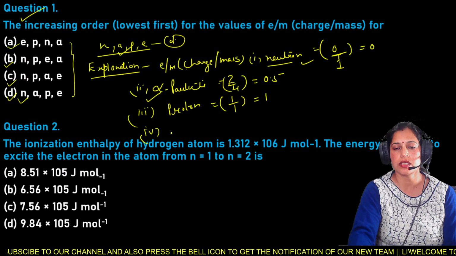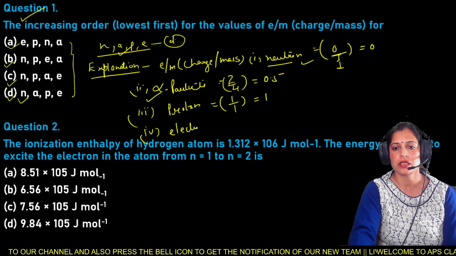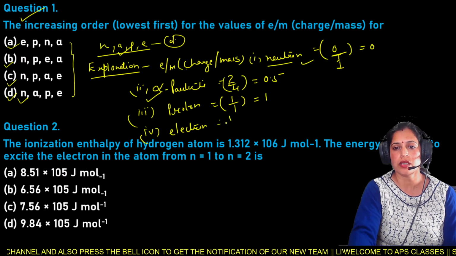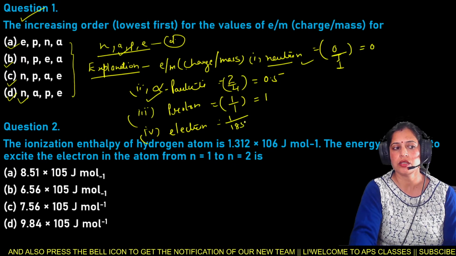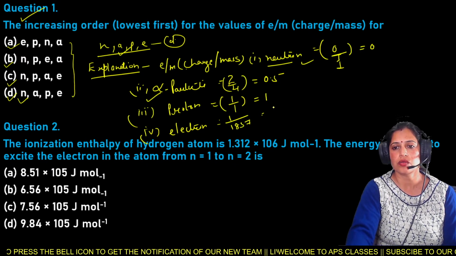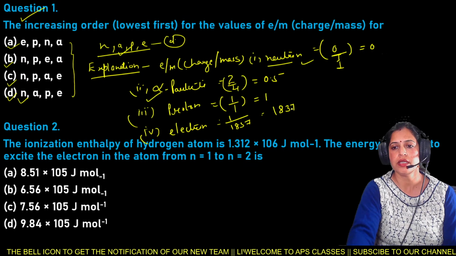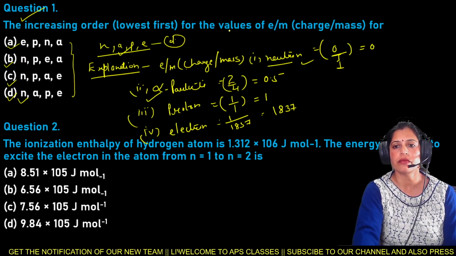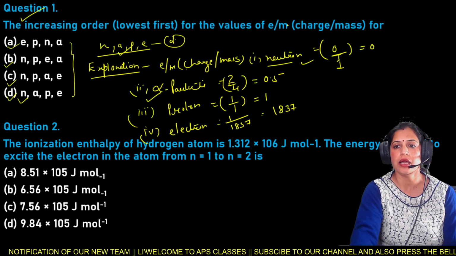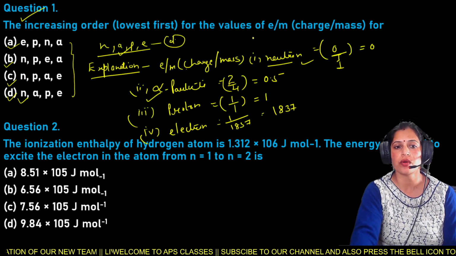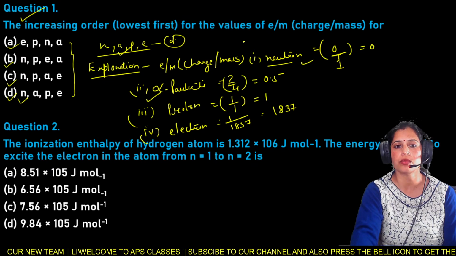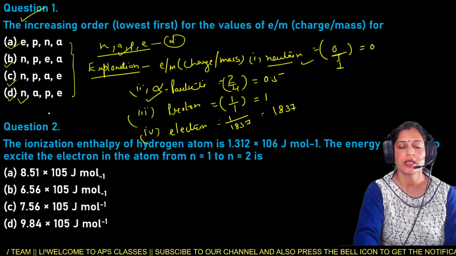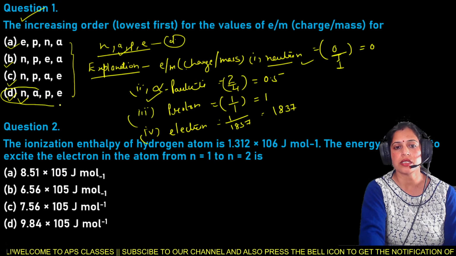And the last one is the electron, which is 1 upon 1837. So this is the increasing order for the values of e/m, that is charge/mass, for neutron, alpha particle, proton, and electron. So this is the right answer.